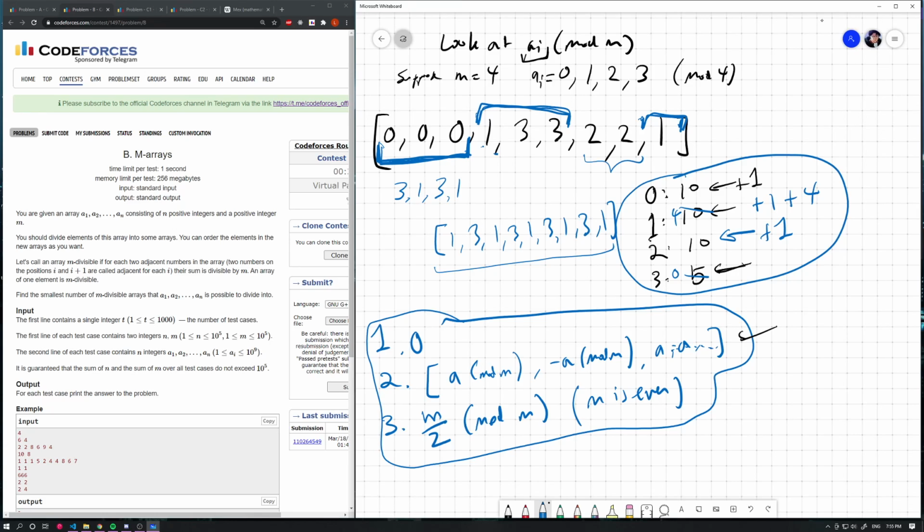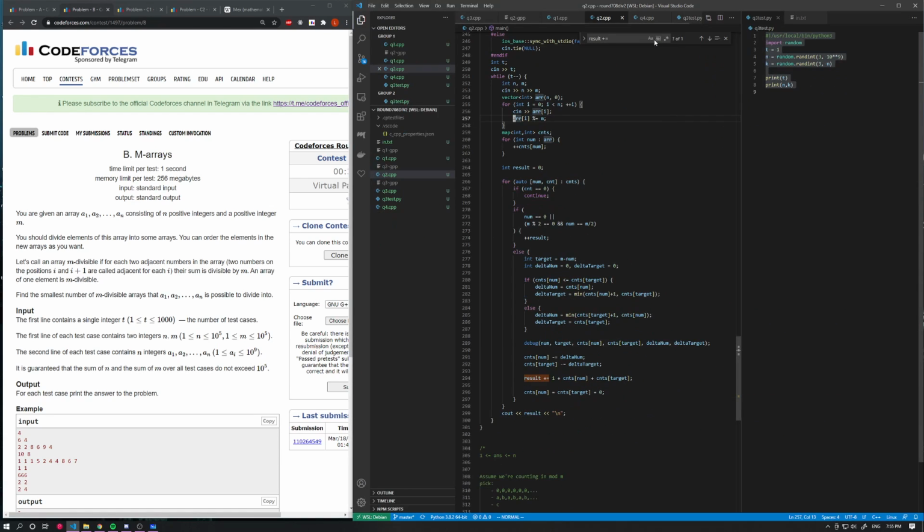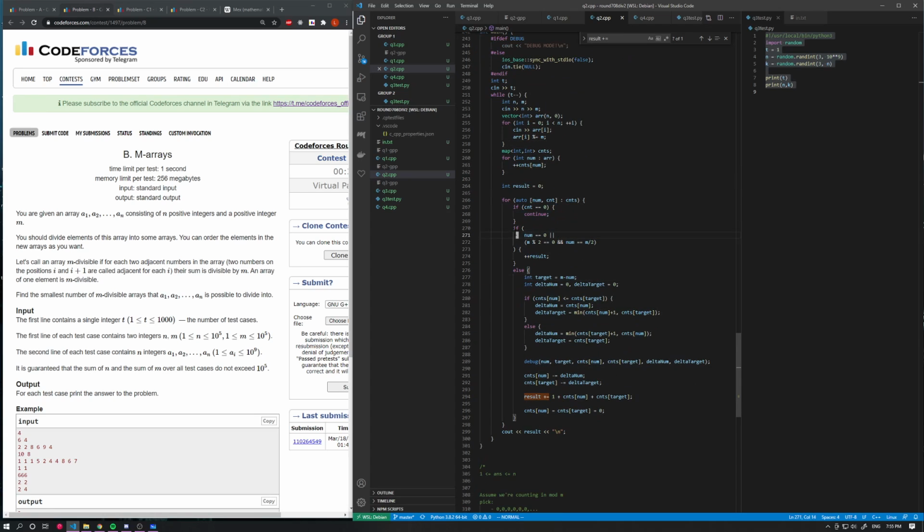That's basically how you do it, and I can show my code as well. So I populate this counters map, and then here I handle the 0 case and the self-inverse case at the same time by just adding 1 to the result.